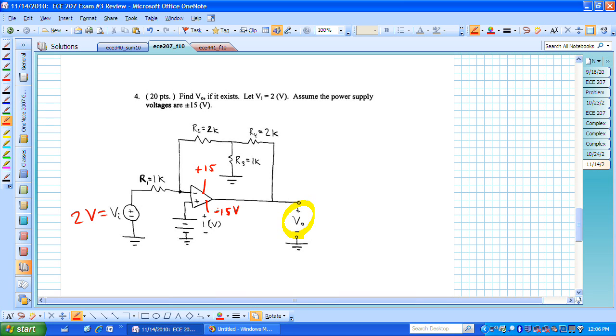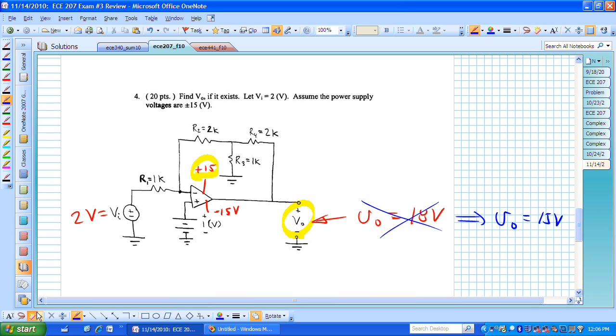What we want to check at the very end is whether our output V0 ends up exceeding those. Let's say that V0 ends up being 18 volts. We know that can't happen. It cannot exceed these supply voltages, and we would then conclude that V0 was actually equal to 15 volts, and it would not equal 18.